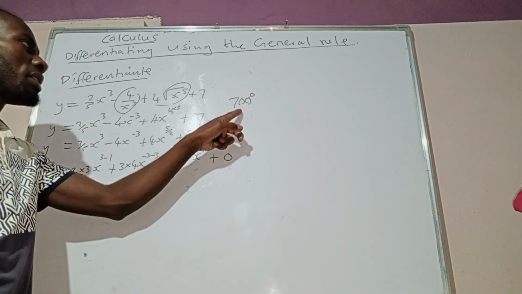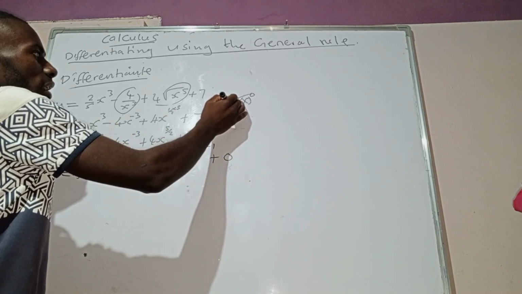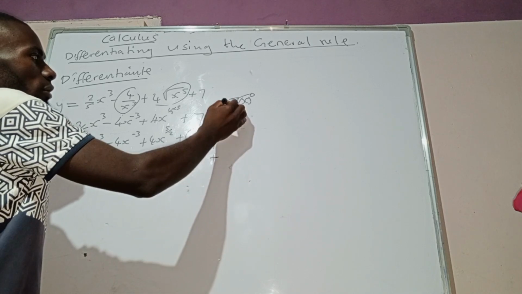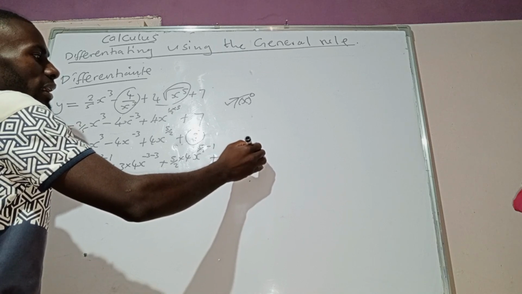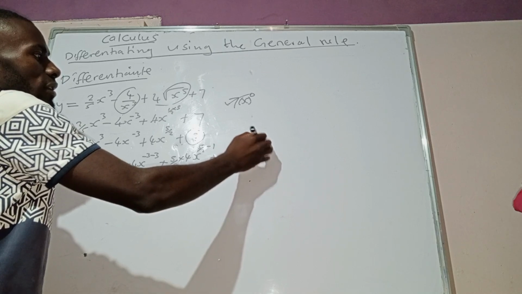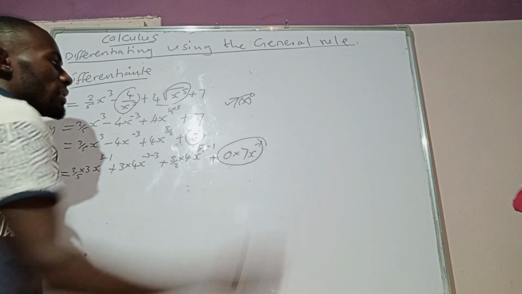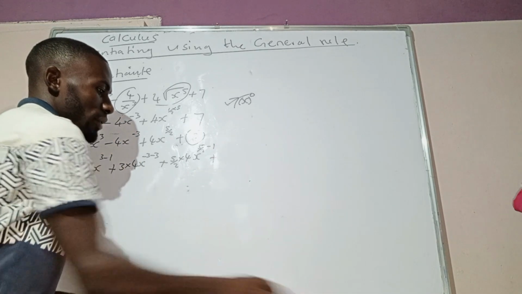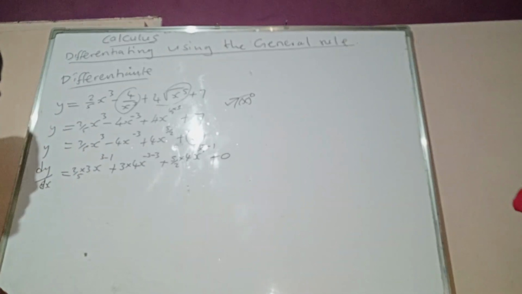That's why x to the power 0 is 1, and 7 times 1 is 7. So when you multiply this times 7, you have 0 times 7 times x to the power negative 1. When you multiply these, they will give you what? Just a 0. That's why when you have just a constant number, you know that when you differentiate it, you are going to have a 0.